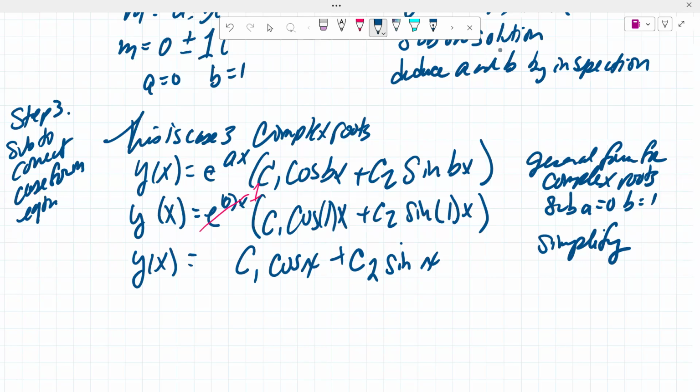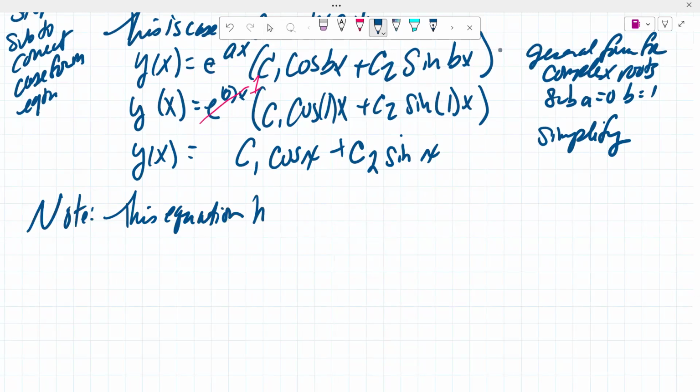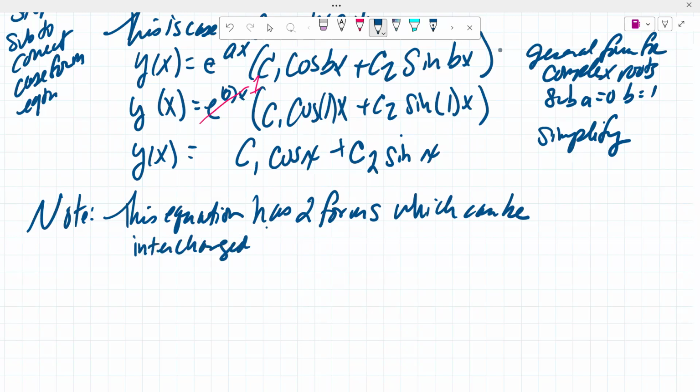So this equation has two forms which can be interchanged by Euler's formula. It could either be in the trigonometric form or in the exponential form.